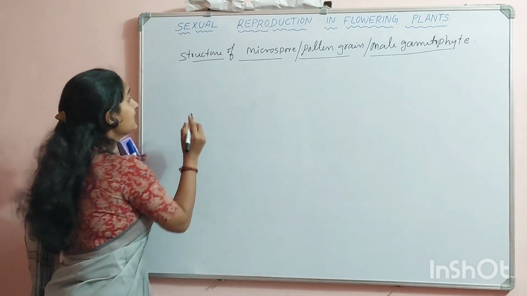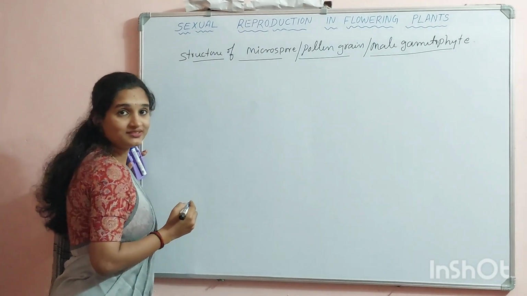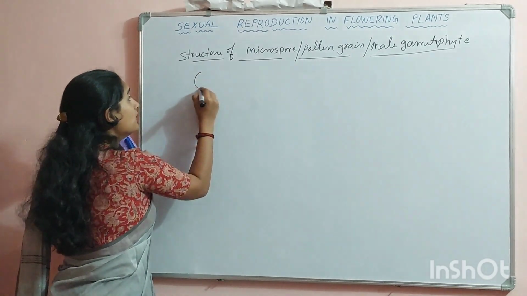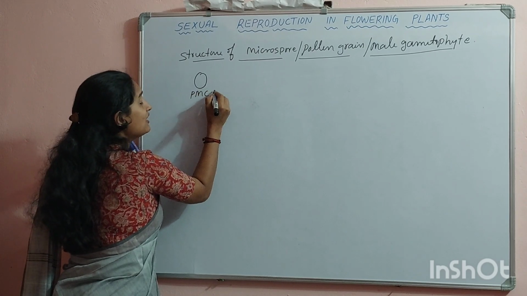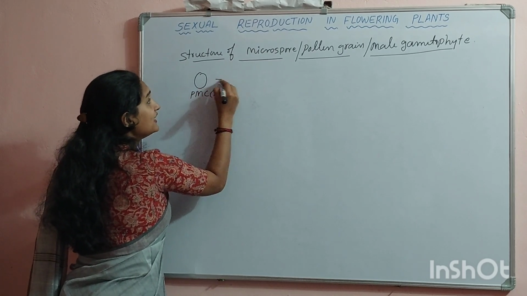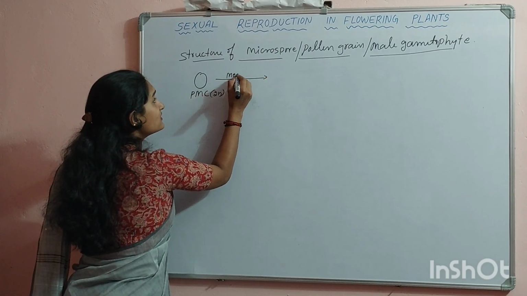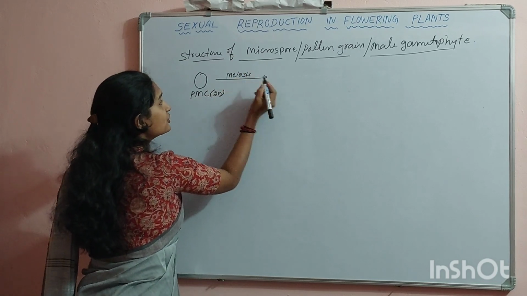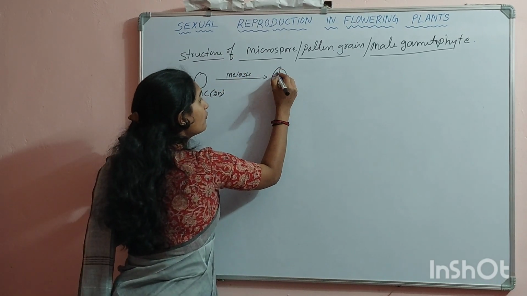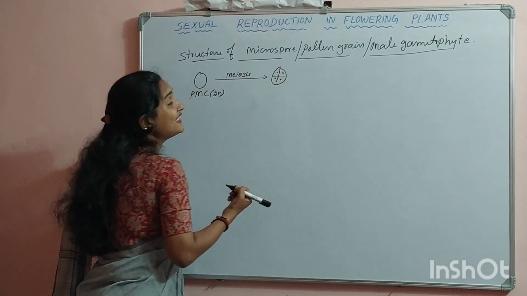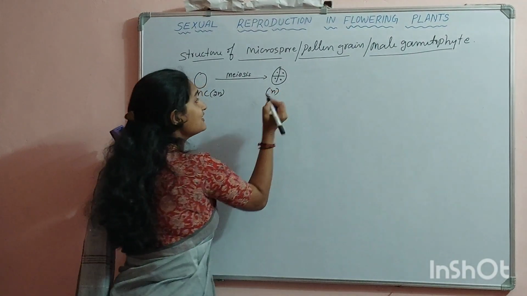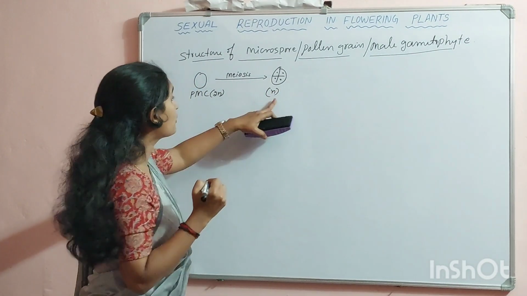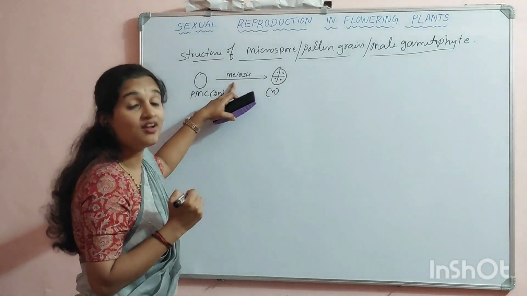As we studied, the microspores or pollen grains are formed from the microspore mother cell or pollen mother cell, which is diploid. It undergoes meiosis type of cell division to form a microspore tetrad or pollen tetrad, and here all the cells are haploid because these are formed after meiosis.